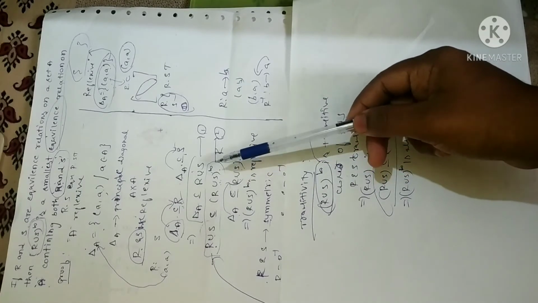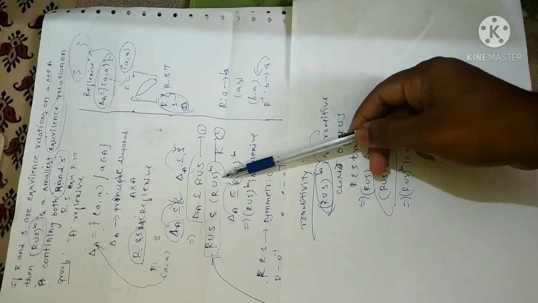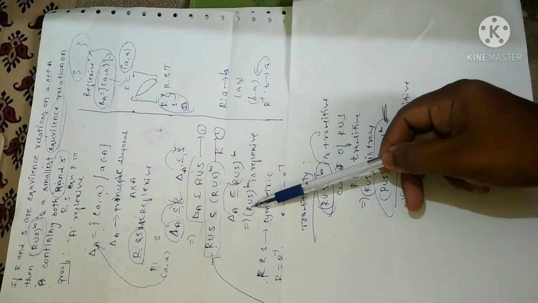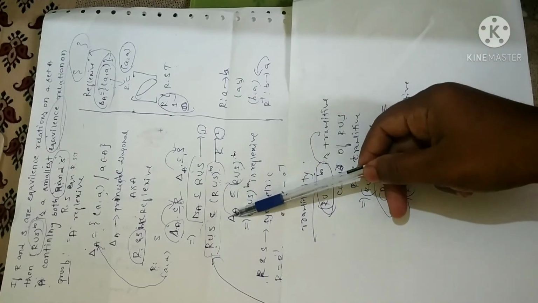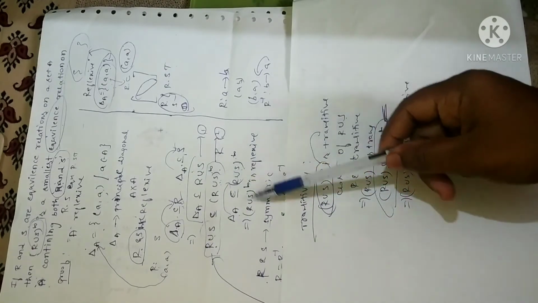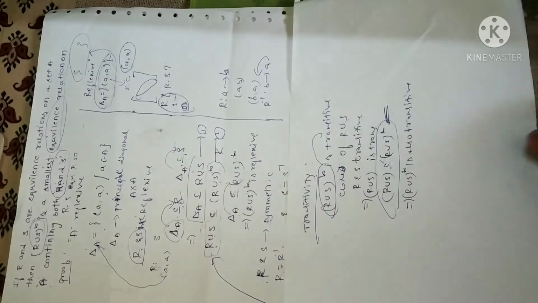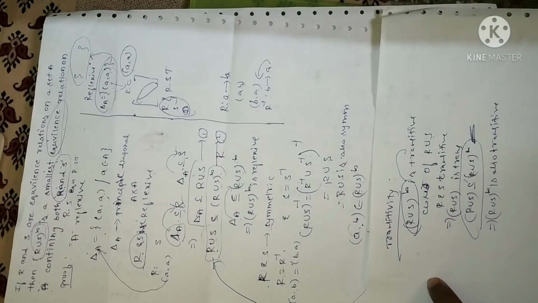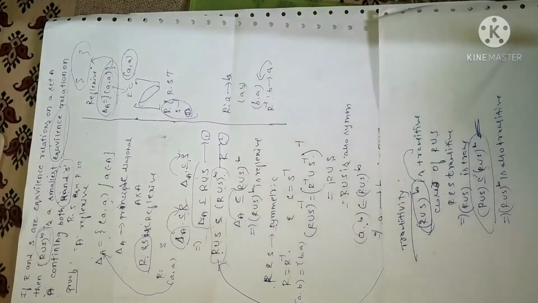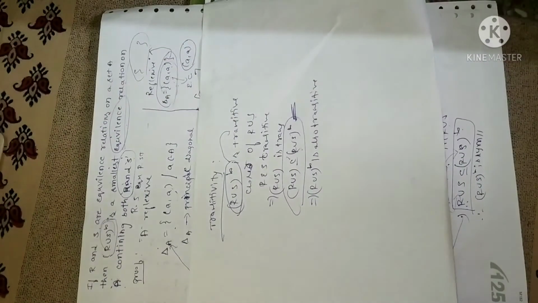This I have already explained clearly in the previous session. Please go through that. So by that I can say delta is also a subset of R union S infinity. That implies element AA will be in the set R union S infinity. Therefore, R union S infinity is reflexive. Now the same logic I have used to prove symmetric and transitive as well. So you have to remember this concept of connectivity relation.